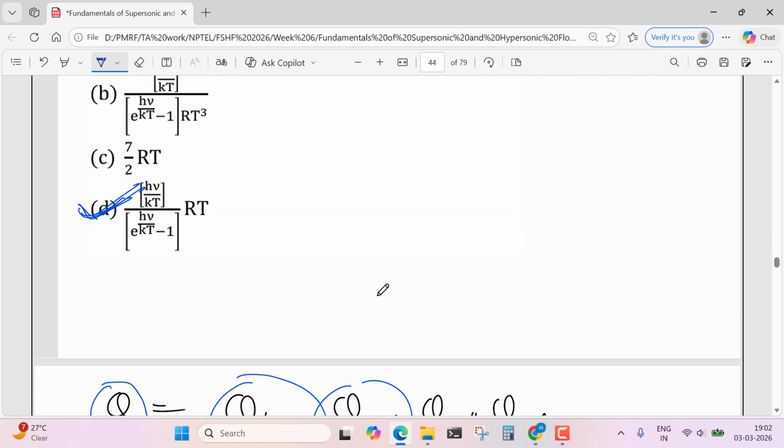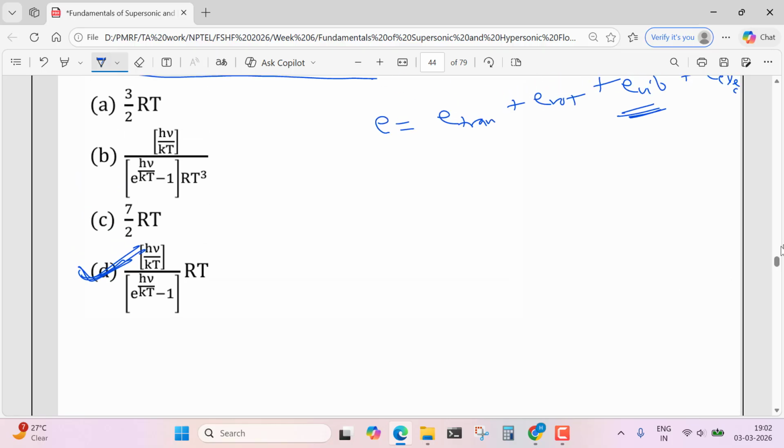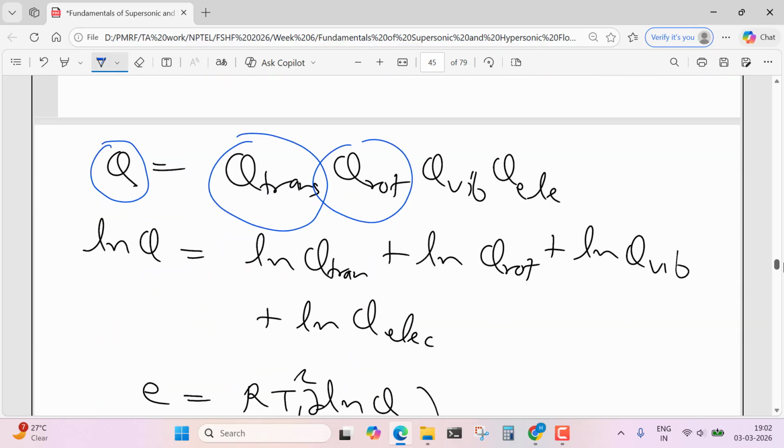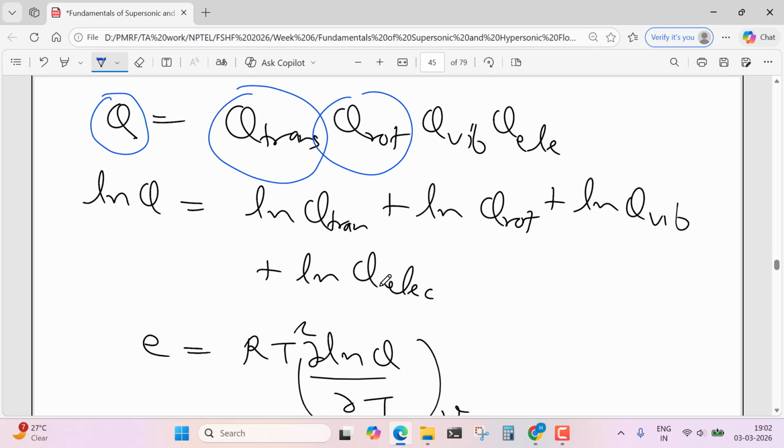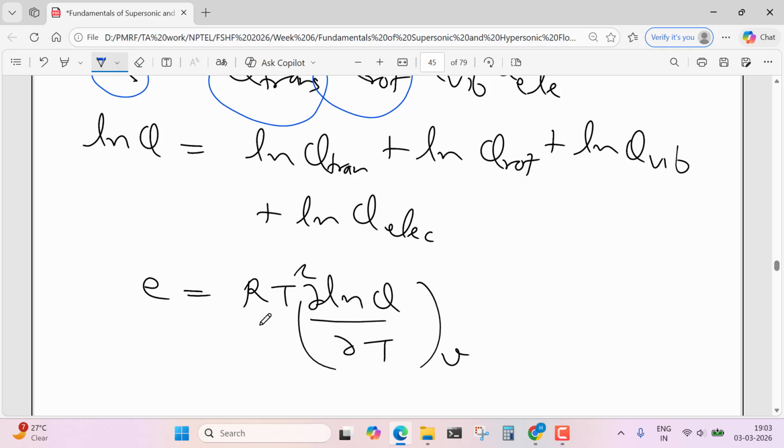So one thing is that this Q, the partition function, is given by Q translation into Q rotational into Q vibration into Q electronic. So log Q will be the summation of all these: log Q translation plus log Q rotational plus log Q vibration plus log Q electronic. In the last question we found E equal to RT square dou log Q upon dou T at constant volume.